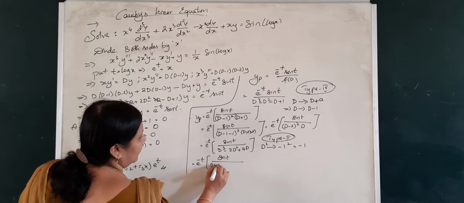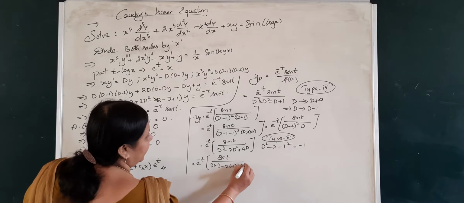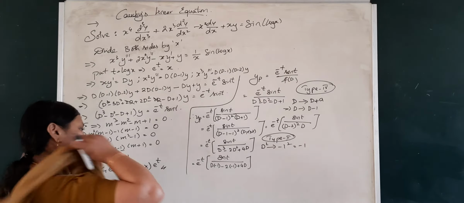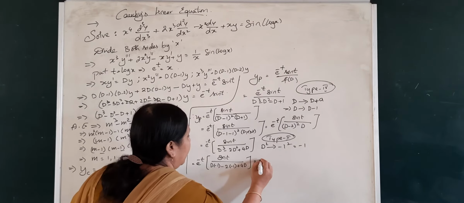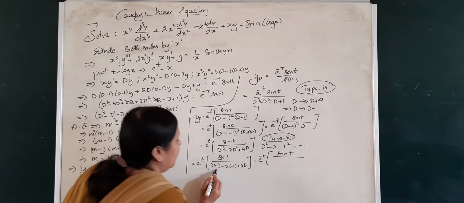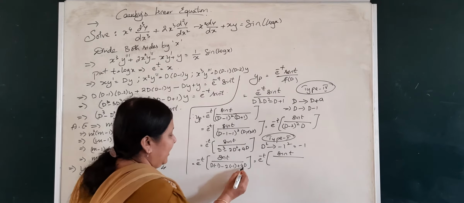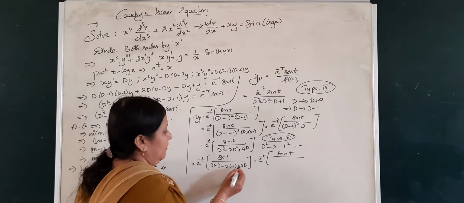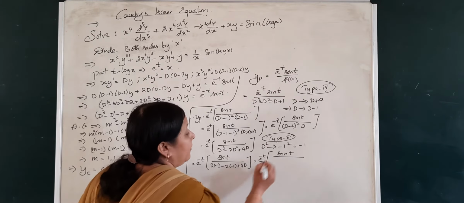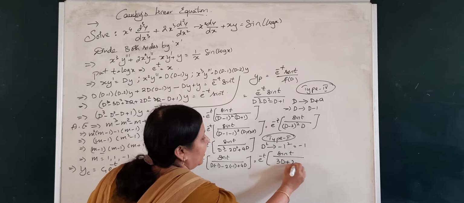So d into minus 1 minus 2 times minus 1 plus 4d. Simplify this ahead: sin t divided by minus d plus 2 plus 4d. Minus d plus 4d is going to be just 3d, and this will be plus 2.